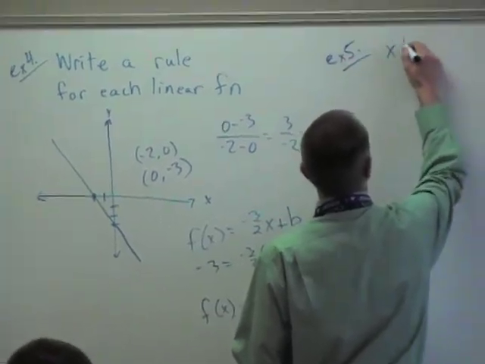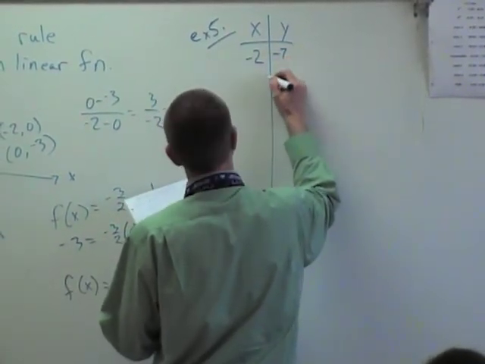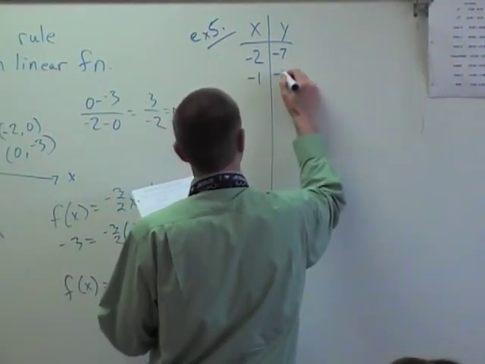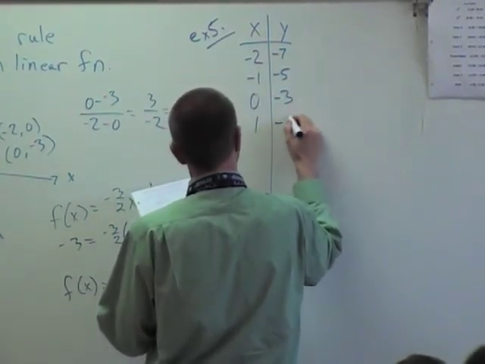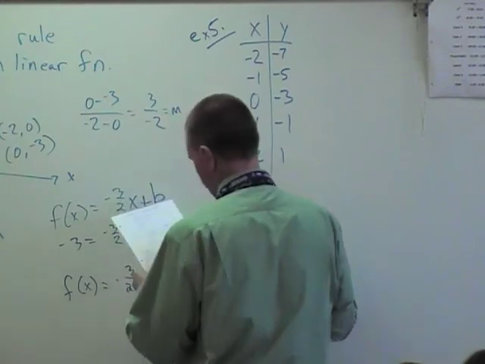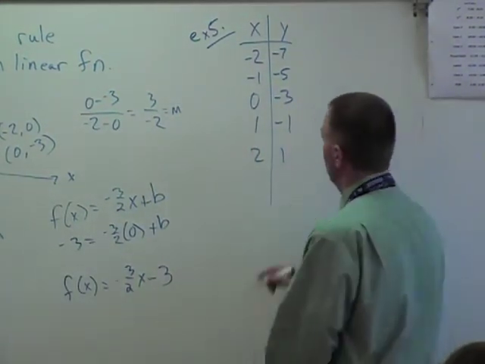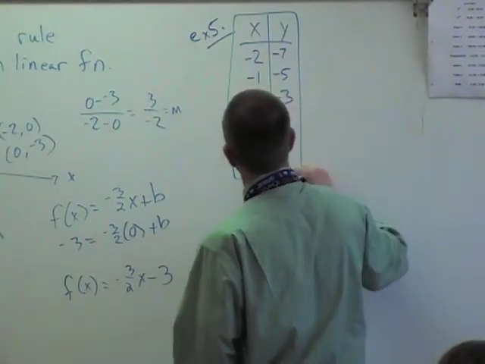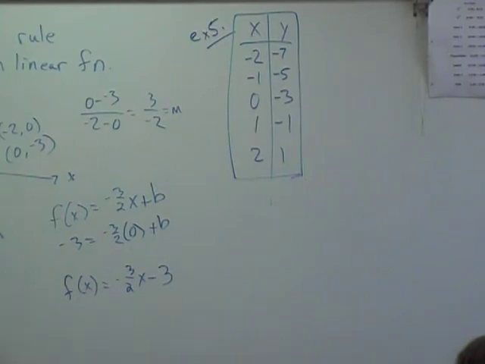Example 5. Here's an xy chart: -2, -7; -1, -5; 0, -3; 1, -1; and 2, 1. Given this table of values, write a rule in function form.